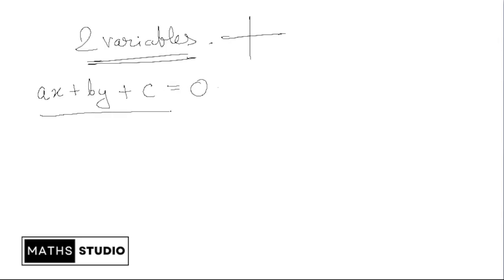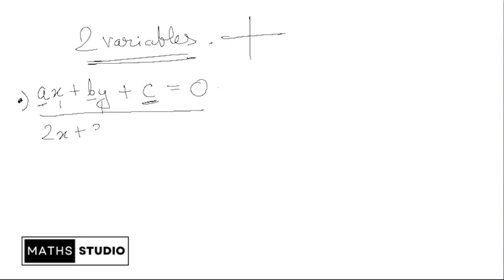So the first portion in this chapter talks about how we represent the variables. X is a variable, y is a variable, a, b are the coefficients of x and y respectively, and c is a constant.